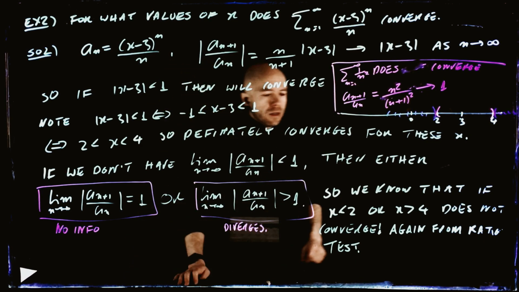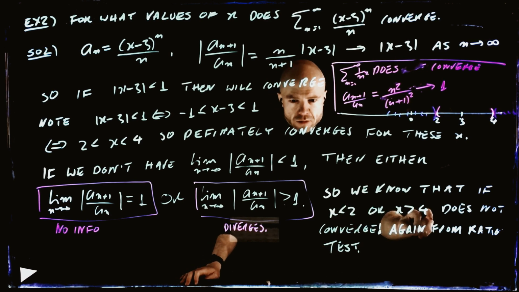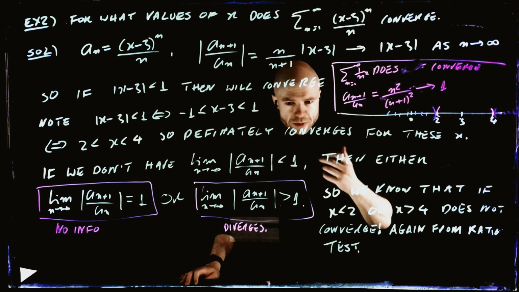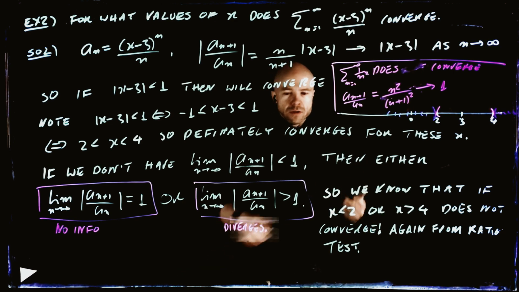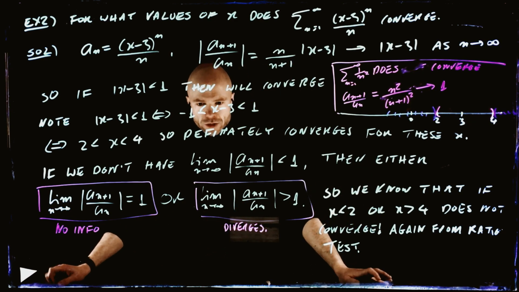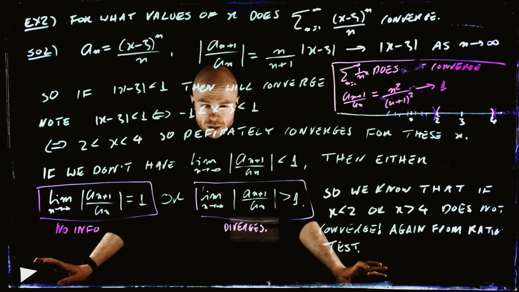But when x is equal to 2 or 4, the ratio test gives us no information. This is a key point we're going to use over and over going forward. The ratio test is only going to give us so much information, and that's the limit of all it will tell us. Everybody happy with this?